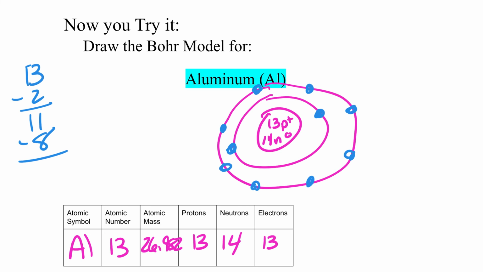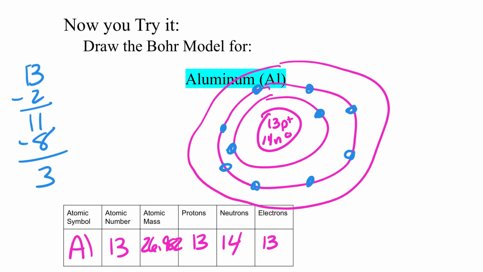Minus 8, and I have 3 left. So I need to add another ring because I can only put 2 electrons in the first energy shell, 8 electrons in the second energy shell, and this energy shell can actually hold up to 32, but I only need to place 3 for aluminum. So this is the Bohr model for aluminum.